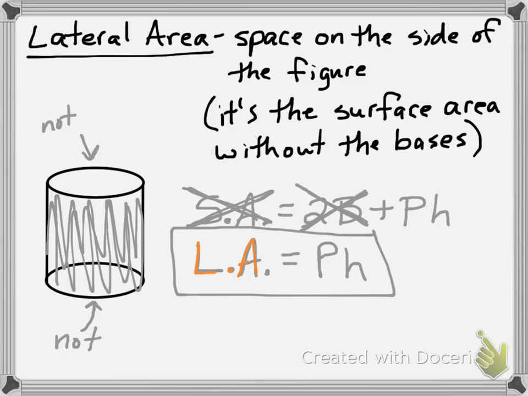So we're going to go back and see if we can identify the lateral area, and I'm going to use this orange each time. We're going to identify the lateral area of all the figures we've done so far.